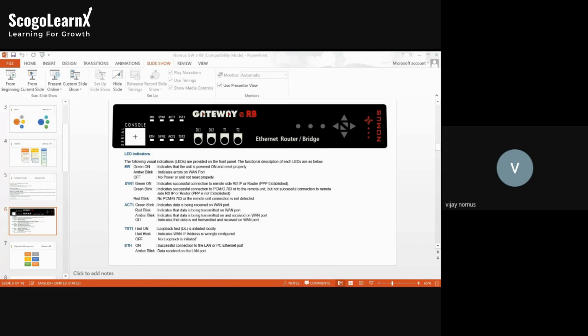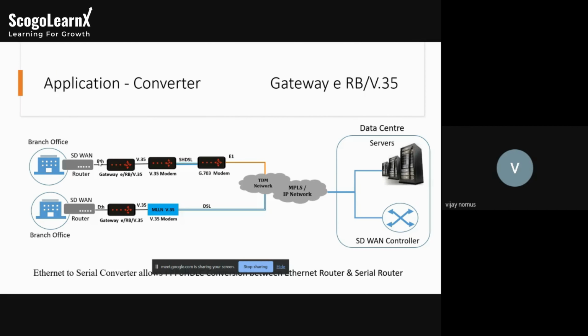This is one example application for the converter: from branch office to branch office over the TDM network, and the data center is connected to the MPLS IP network, which is connected to the TDM network. So branch office to branch office, and it is connected to one of the data centers over the MPLS IP network.